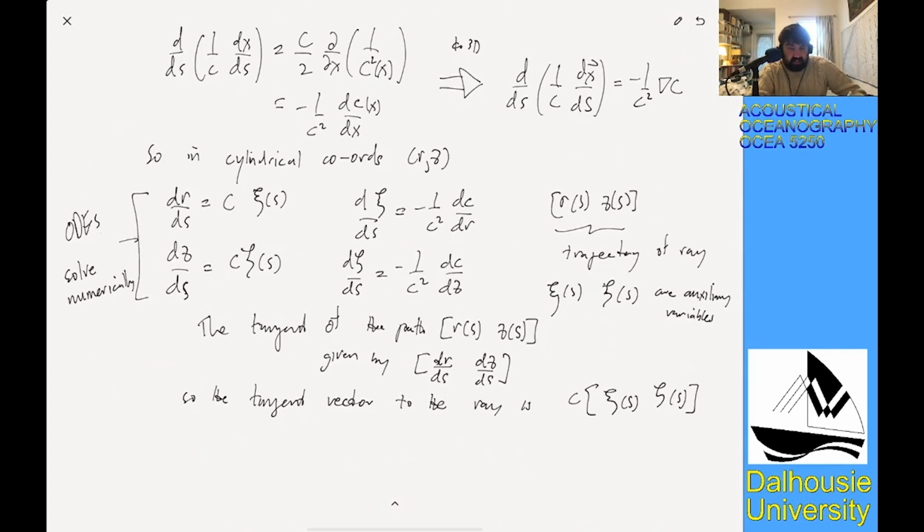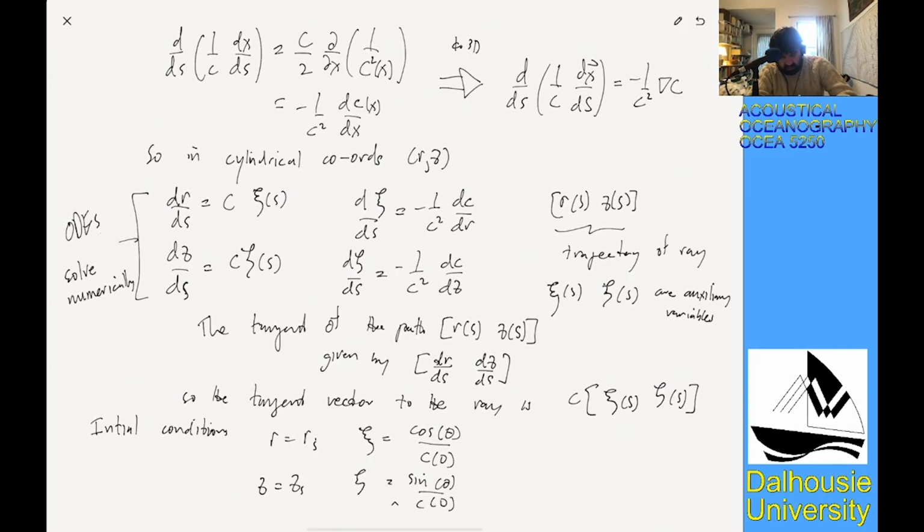This is a really nice set of easily solvable ODEs, but of course we need initial conditions. So r equals r_s, psi equals cos theta over c naught, right? And when z equals z_s, we're going to have zeta equals sine theta over c naught, or c at 0. Okay, where we've introduced theta as the takeoff angle of the ray.